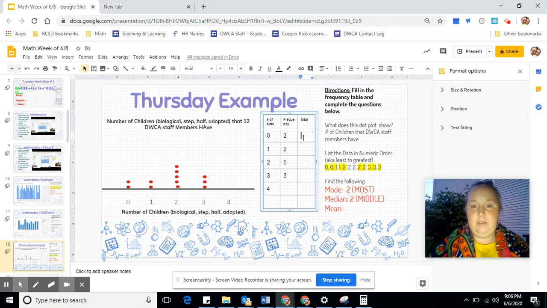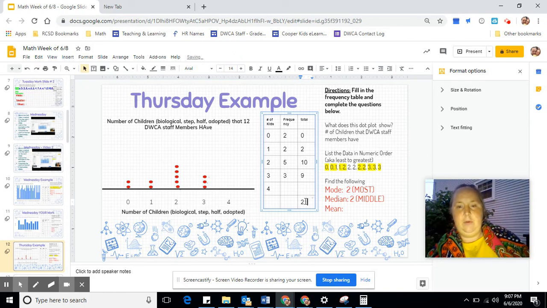So 0 plus 0 is 0. 1 times 2 is 2, because there's 2 of them. The 5 2s there are, so 5 times 2 is 10. 3 times 3 is 9. And then again, there aren't any 4s, so we're not going to count those. So if I add these up, 10 plus 2 is 12, and 12 plus 9 is 21.